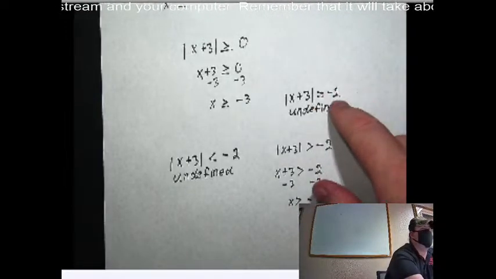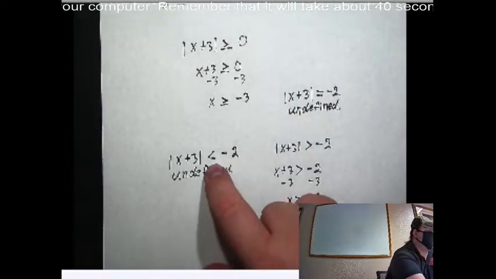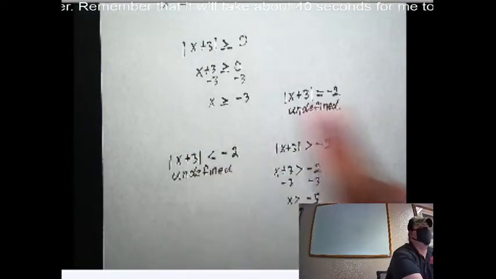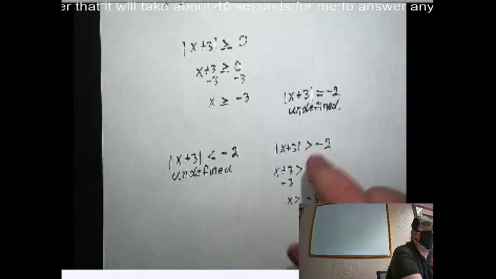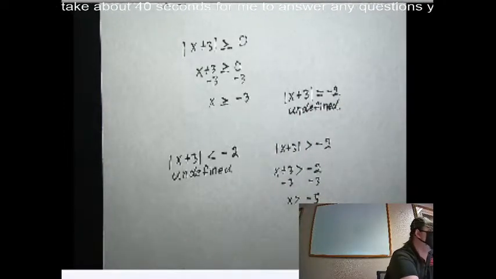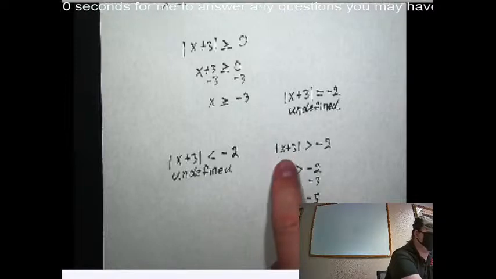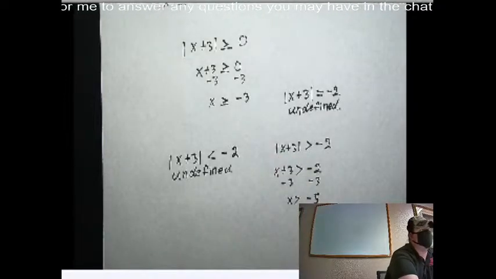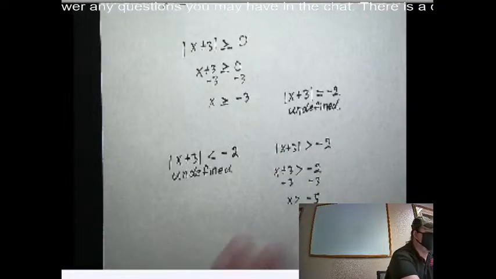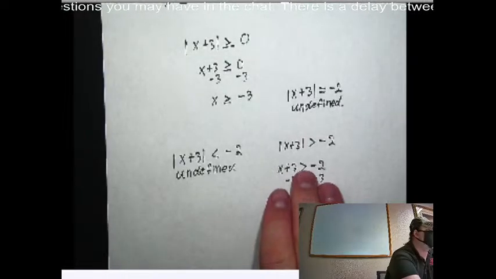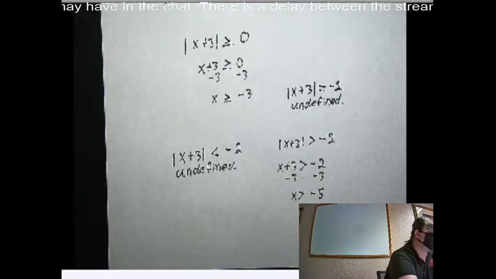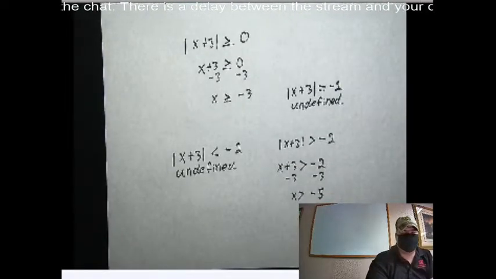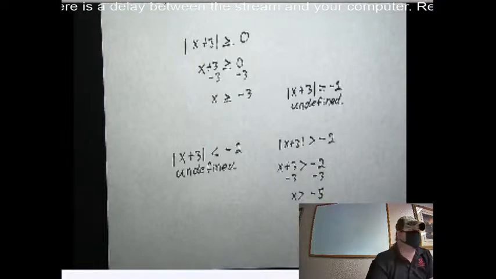So they can't be equal to a negative, and they can't be less than a negative. However, they can be greater than a negative, because all positive numbers, all absolute values, are greater than negative numbers. But we only need one case. We don't need a second case. Any questions?